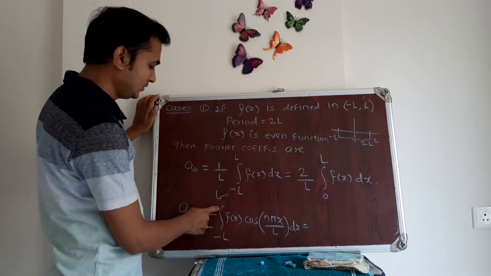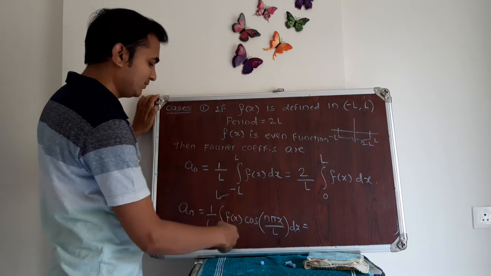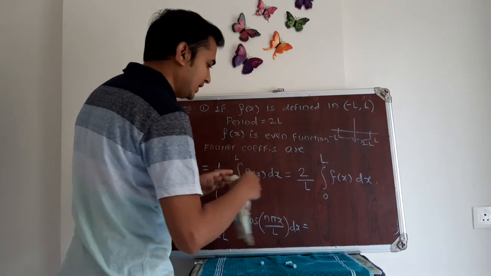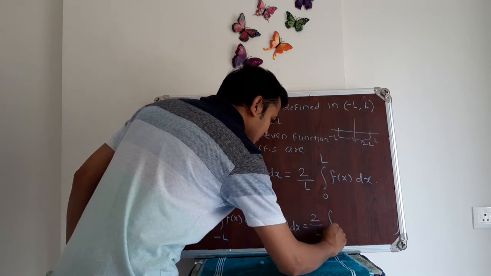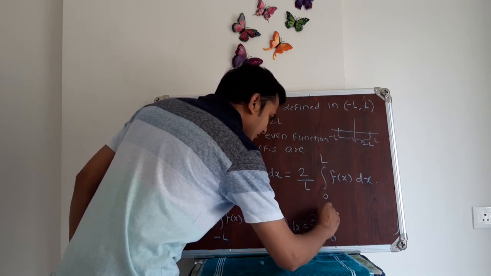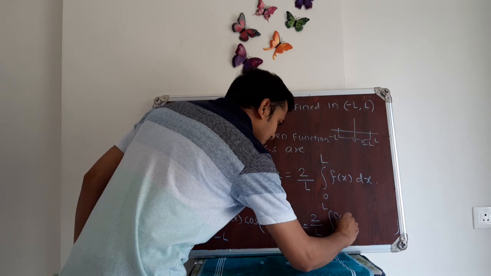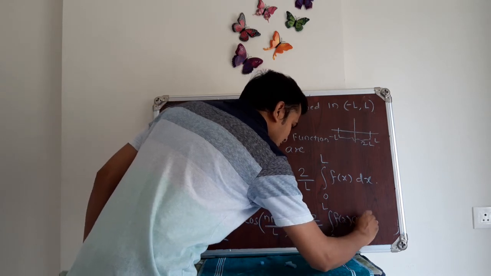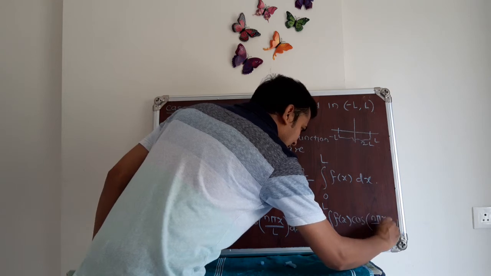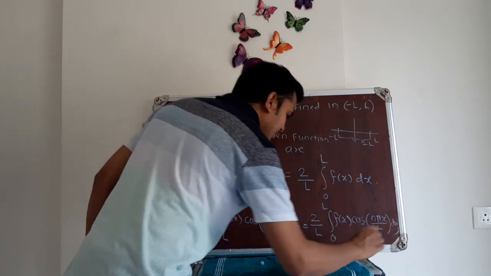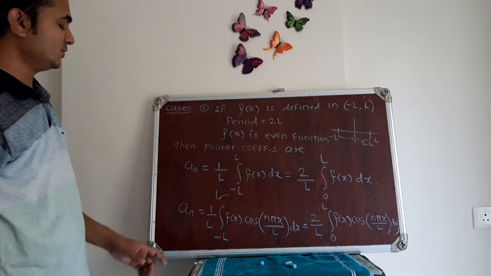So minus L to L, this whole even function will become 2 times 2 by L, 0 to L f of x cos n pi x upon L dx.